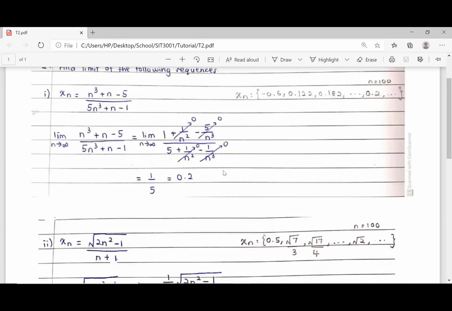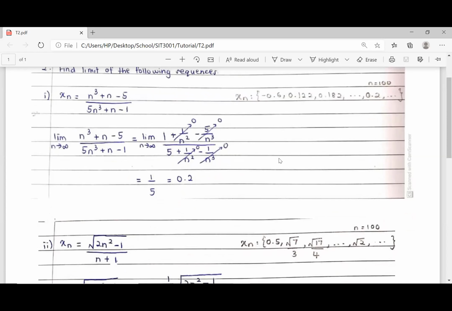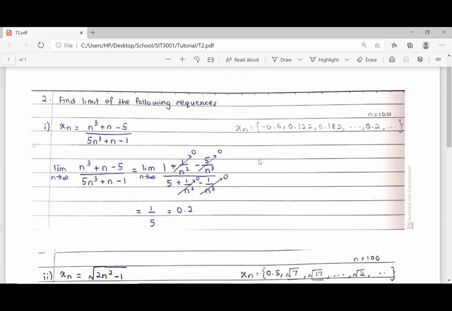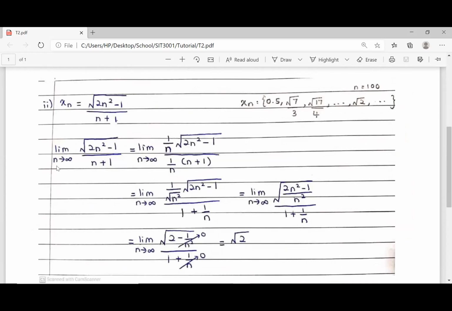All right, then the next one. This is the second question, so we find the limit as n approaches infinity. What I did here is the same as number 1. I divide the numerator and denominator by n, the biggest degree in the numerator.